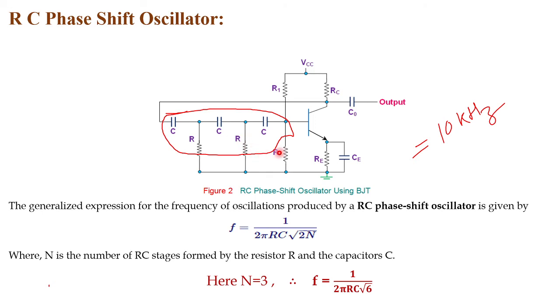So it is a lightweight and cheap oscillator, but it generally gives only low frequency, up to 10 kilohertz. The drawback is that higher frequencies cannot be obtained using RC phase shift oscillators.